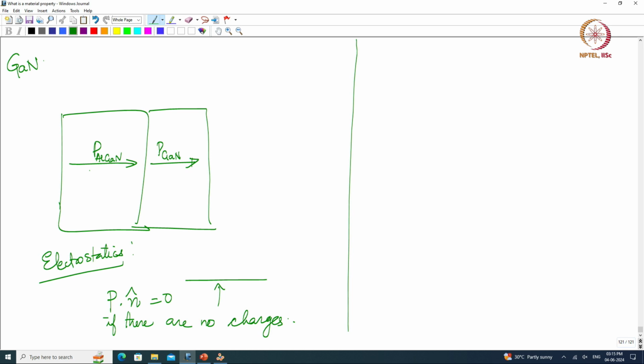That gives you a constraint that if I look at the polarization component along, let's call this direction 3, P3 in material 1 minus P3 in material 2, the only way these two can be different is if there is some sort of charge accumulation here.